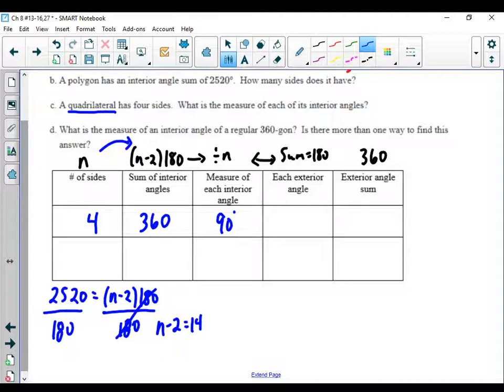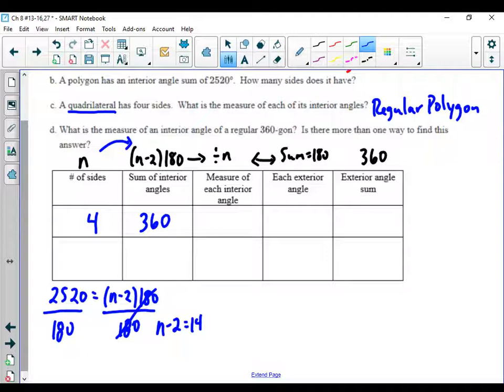I could still figure out that the sum of the angles is 360, because that's still going to be true. However, I really should not have been able to find this one here. So I got to be careful, and I made the mistake here. If I want to find the measure of the interior angles, I have to know it's a regular polygon. So technically, I don't have enough information for that one. So don't make the mistake I just made on that one. Make sure it's a regular polygon.